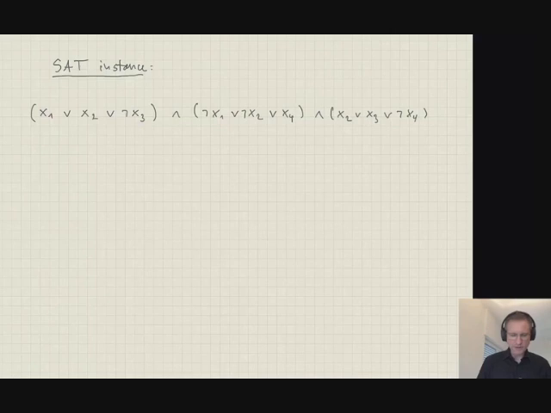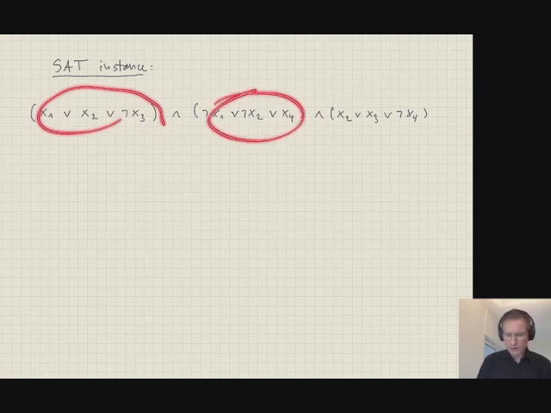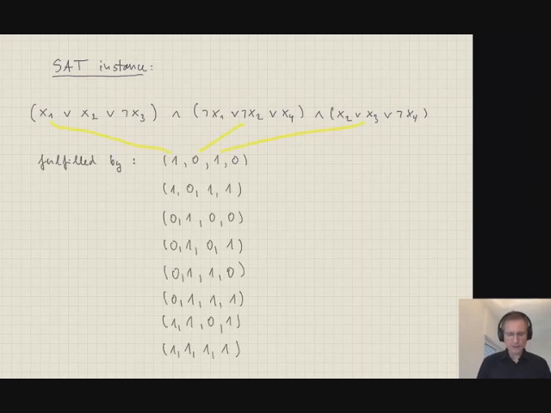Okay, so here is a little example. Here we have a Boolean formula consisting of 3 clauses, each of them consisting of 3 literals. And we are asking the question, does there exist a truth assignment for the variables that evaluates all the 3 clauses to be true? And well, for this little example, that is quite simple to see.